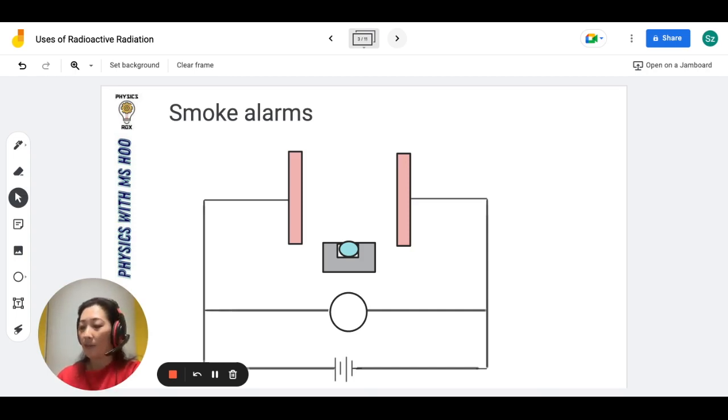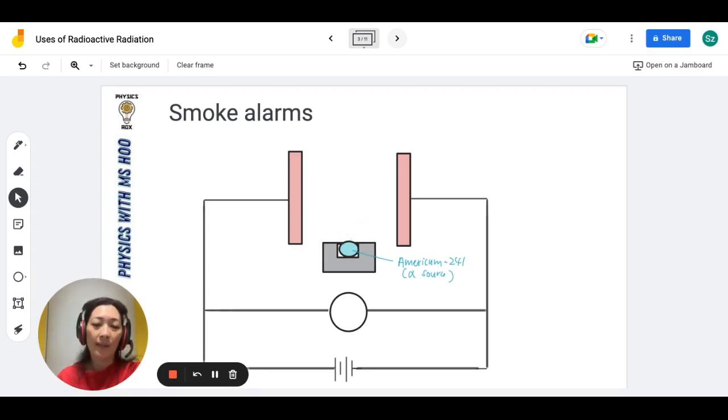Usually, the radioactive material here is an alpha source. Normally, it's americium-241, which is an alpha source. The gray color bit here is the container. Normally, this is how we would draw the container holding the radioactive material. And it's placed like this because we want to prevent the radiation from escaping this side so that the radiation only comes out this side.